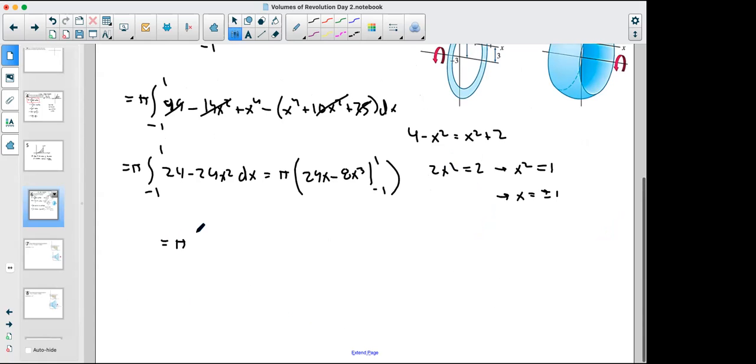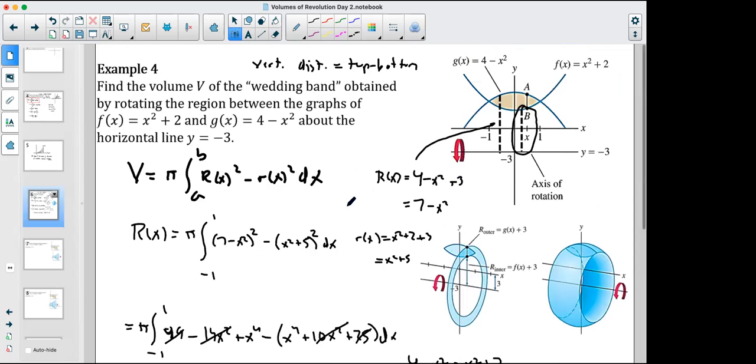Plugging in 1 and -1, I get 24 minus 8, and then negative 24 plus 8. So it's 24 plus 24 and then 8 negative: 48 minus 16, which is 32. So 32 pi. That's the volume of this so-called wedding band.